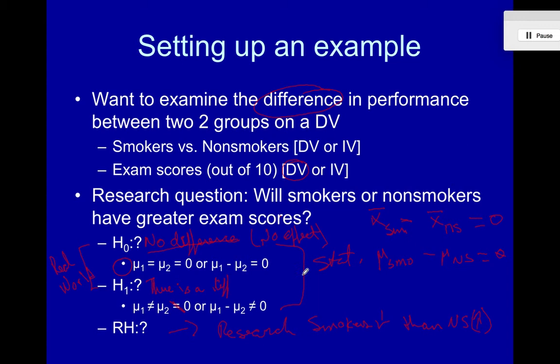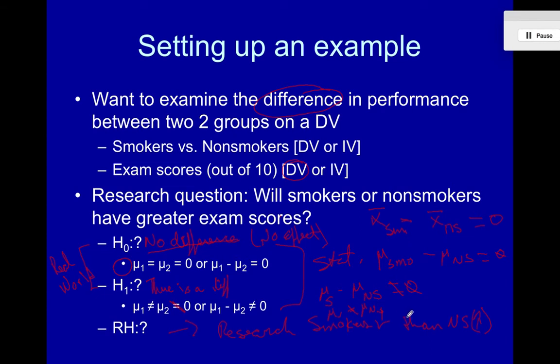So in other words, in terms of my example, it's going to assume the following. Mu smokers versus mu non-smokers, the difference between those two groups is not going to be equal to 0, or mu smokers minus mu non-smokers are not going to be equal to each other.